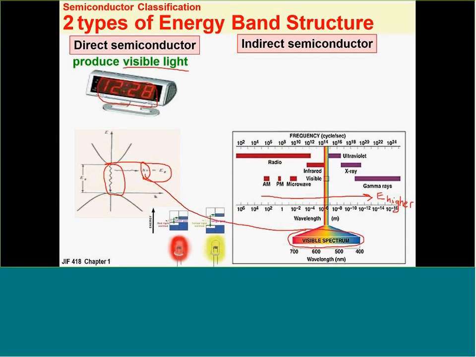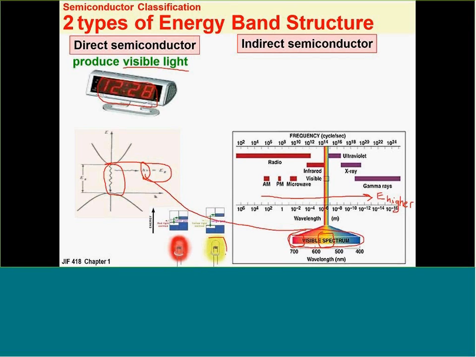However, here you see, red has a smaller band gap, because the energy is lower, and then yellow here. So red has a much smaller energy than yellow light. So the energy gap is smaller than the yellow LED light.